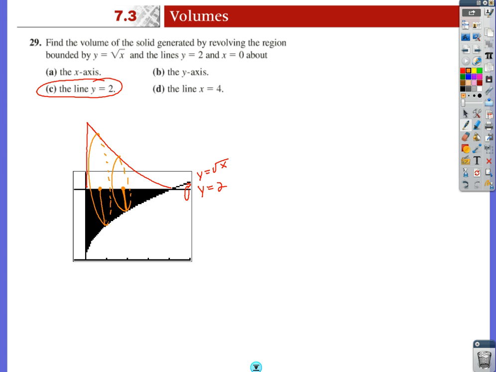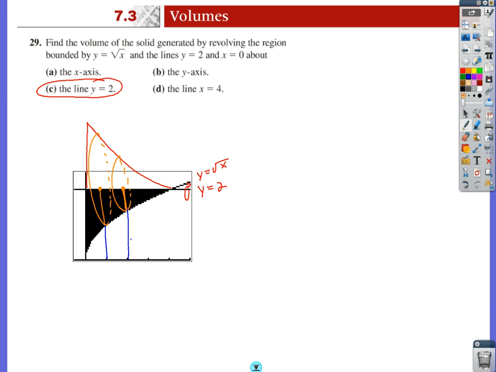And so what I'm seeing is that this radius can be described as this whole distance minus the blue distance. Again, this whole distance minus the blue distance.